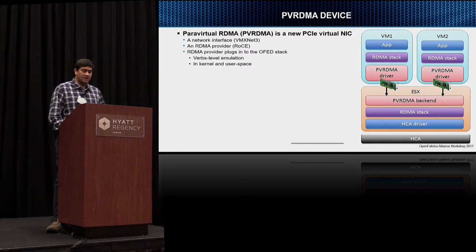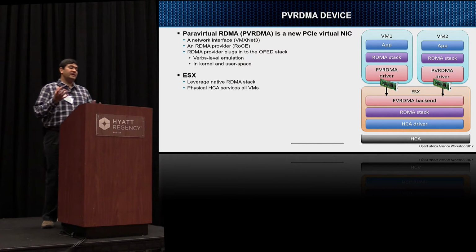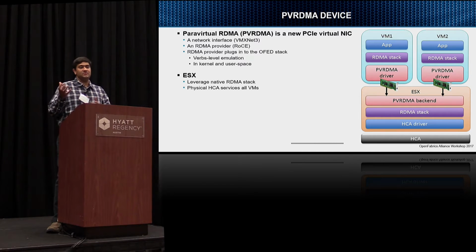Any verbs API calls, which are basically constant between the kernel and the user level, pass all the way from the application to our driver and finally to our backend, which resides within the ESX hypervisor.